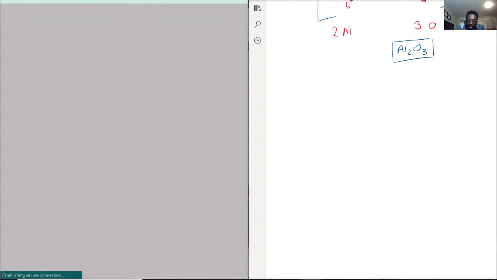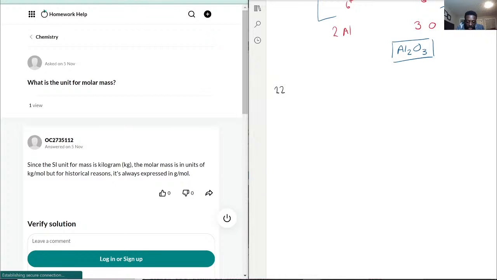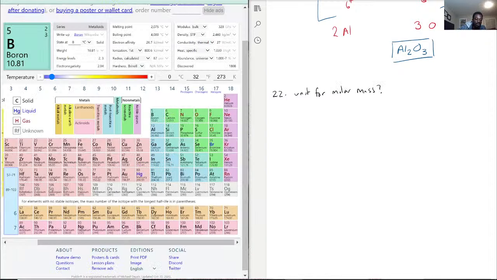Also, we have question 22. What is the unit for molar mass? Let's refer to the periodic table, and we've been doing it quite a bit already, but just to make sure we understand it.